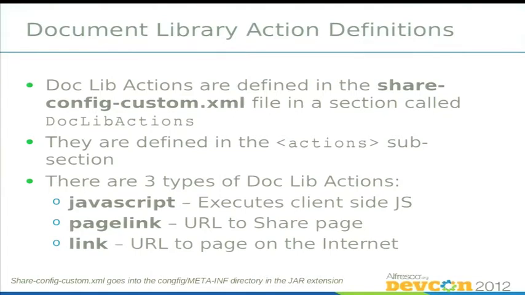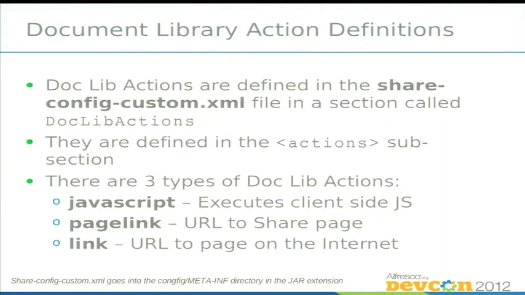And there are page links, that's going to be a relative URL into a share page. Or there are just web links going anywhere. Right, so if you have dug into Doc Lib Actions before, you probably remember you have to override web scripts and mess around.